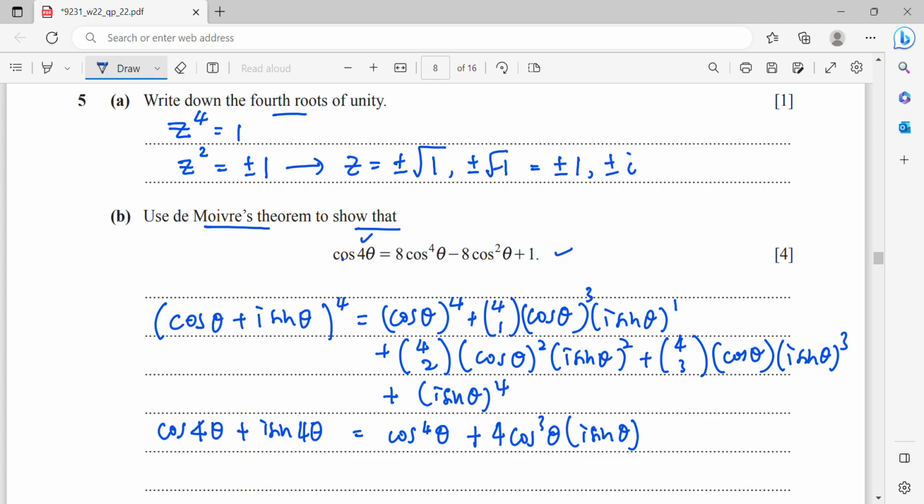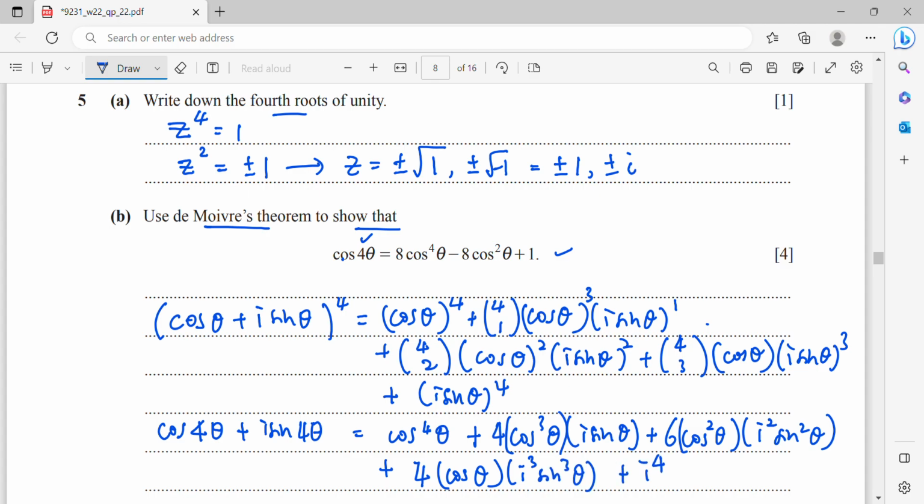After that, 4C2 is 6 cos^2 theta, then multiply by i^2 sin^2 theta. Then followed by 4C3, which is 4. So I get cos theta multiplied by i^3 sin^3 theta. And lastly, I will get i^4 sin^4 theta. This will be the binomial expansion.